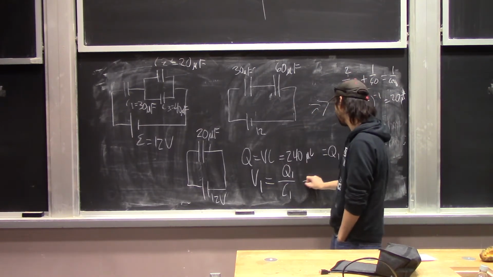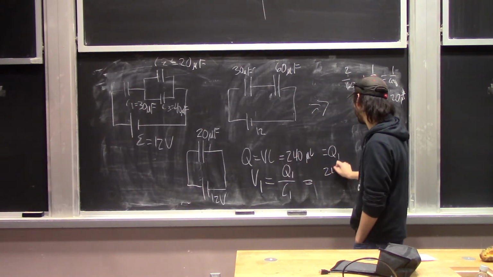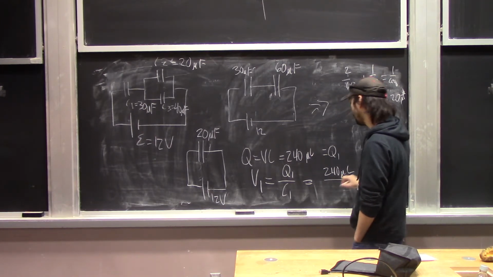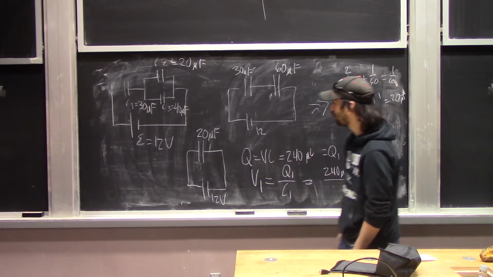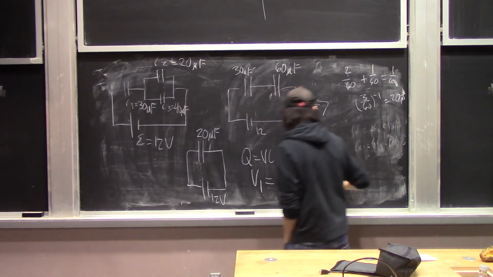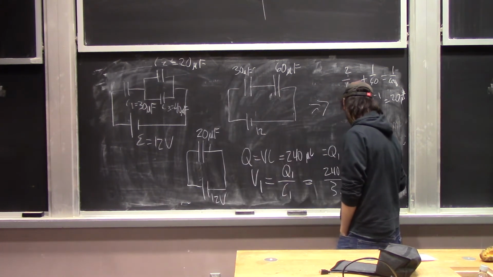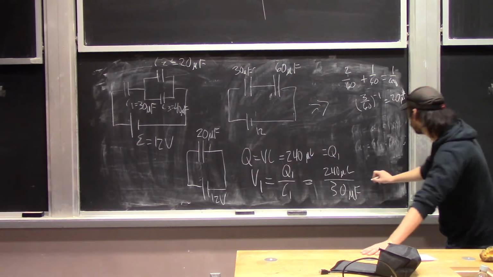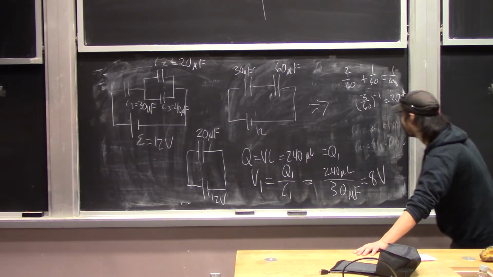Plugging in these values, we have 240 microcoulombs divided by 30 microfarads, and so this is going to be 8 volts.